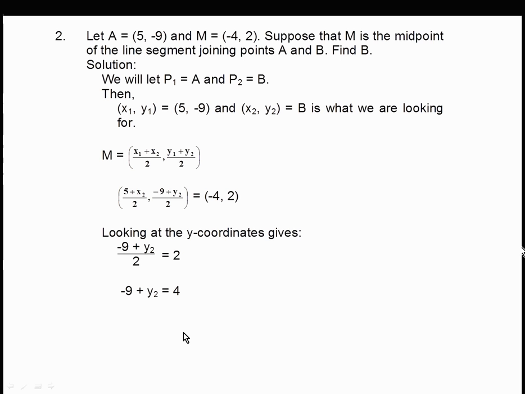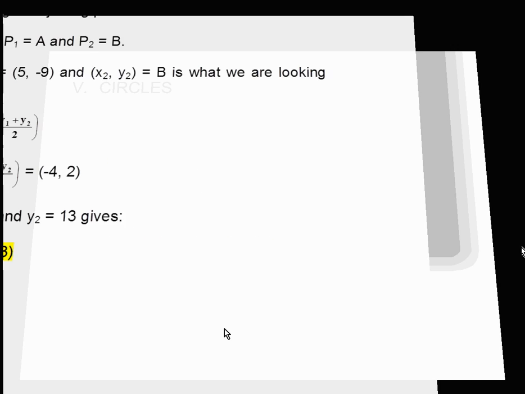Add 9 to both sides. So y2 is going to be 13. It's just a weird coincidence. Before we found x2, and we now have y2. So x2 is negative 13, y2 is 13. So B is negative 13, 13. Remember, you were looking for a point.